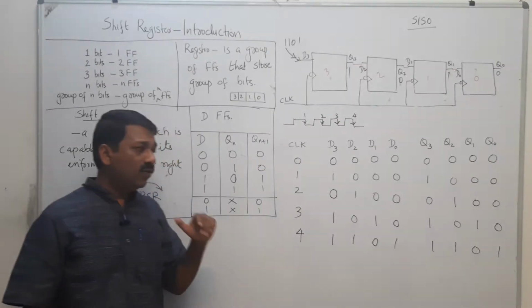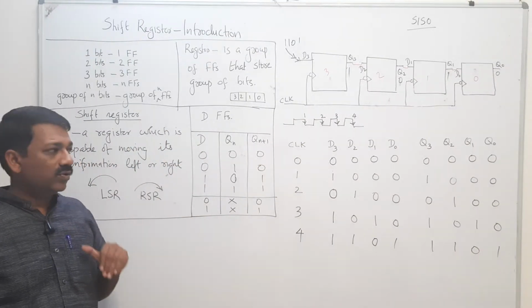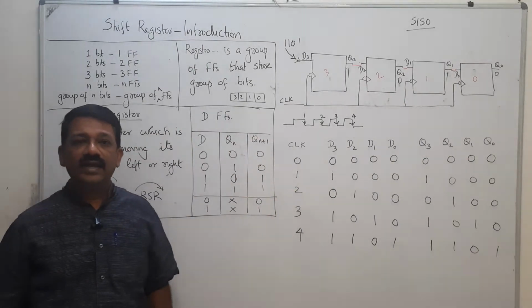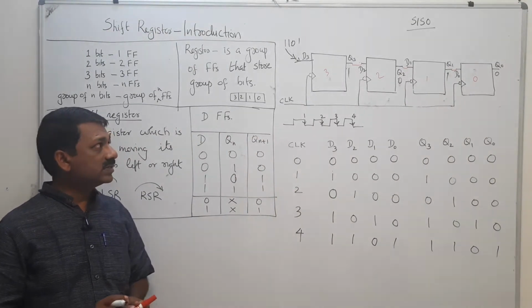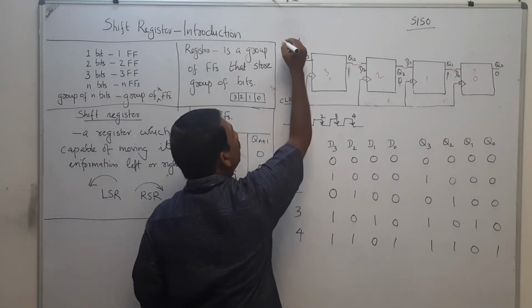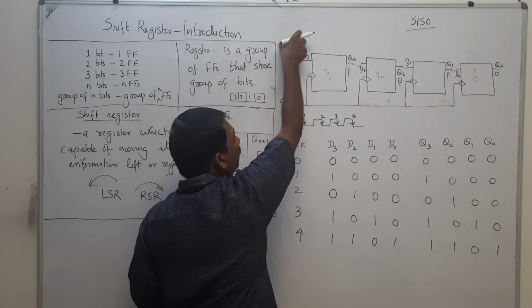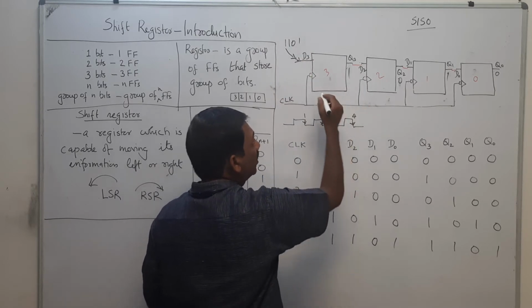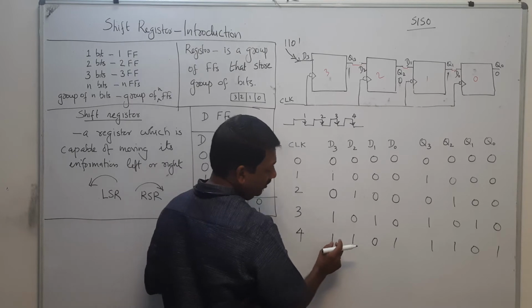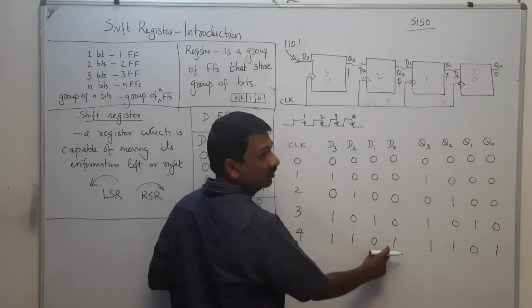Now once you have done this, if you want to take it out serially, these are the 4 bits you have stored here. That means the flip-flops hold the information 1101.